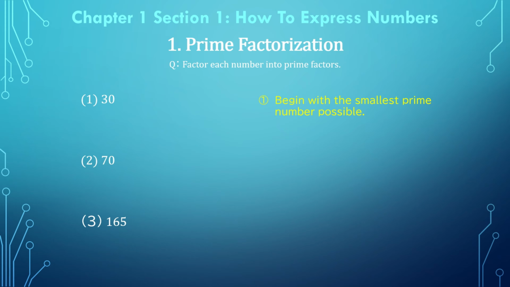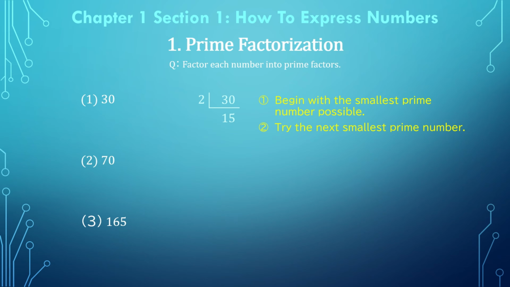First, begin factorizing with the smallest prime number possible. For 30, it can be divided by 2, as it's an even number. Second, try the next smallest prime number.